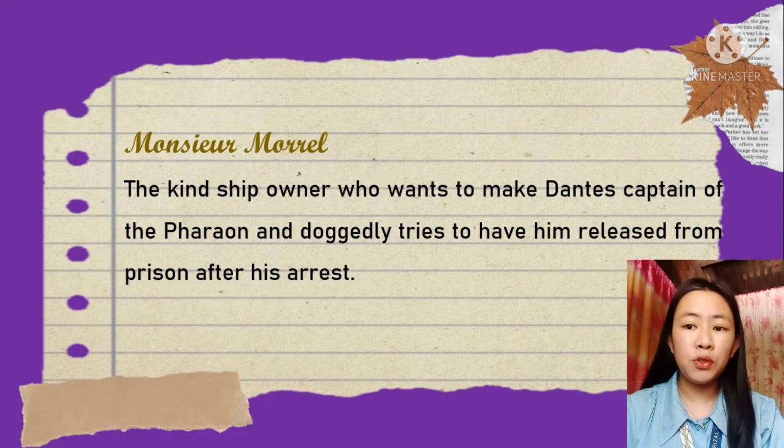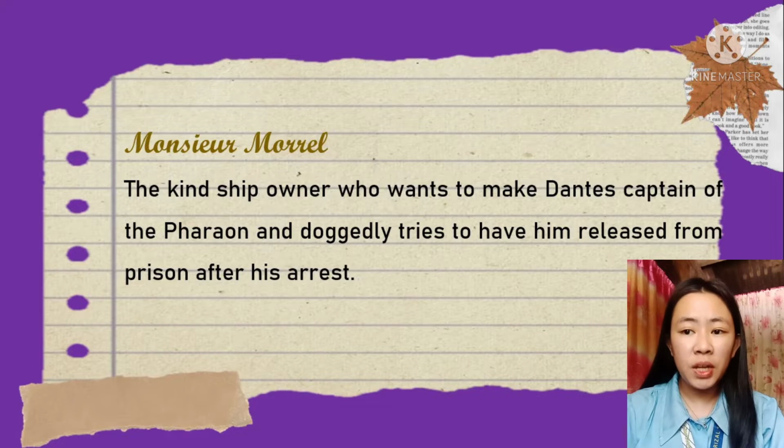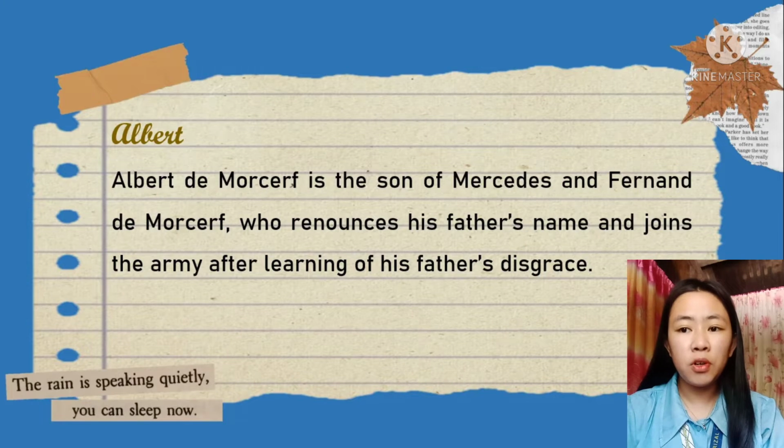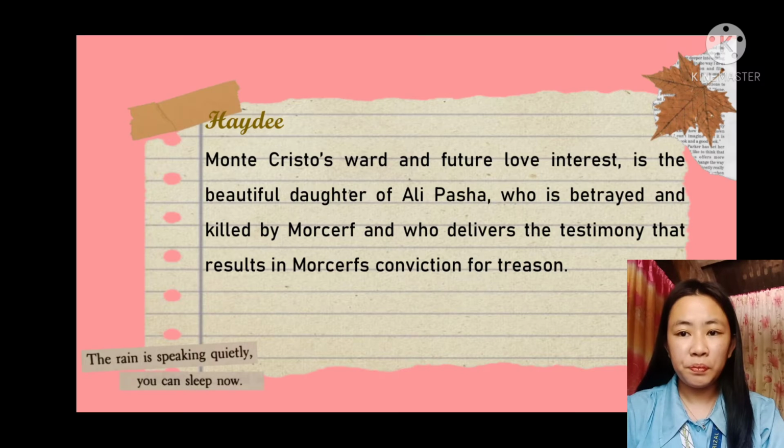We have here Monsieur Morel, the kind ship owner who wants to make Dantes captain of the Pharaon and doggedly tries to have him released from prison after his arrest. Albert de Morcerf is the son of Mercedes and Fernand de Morcerf, who renounces his father's name and joins the army after learning of his father's disgrace.